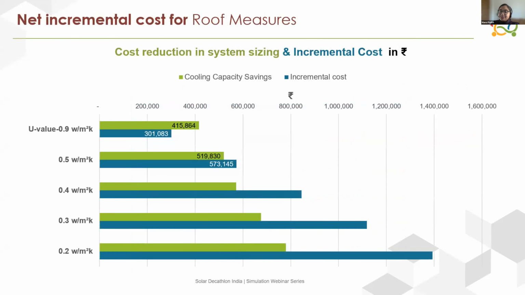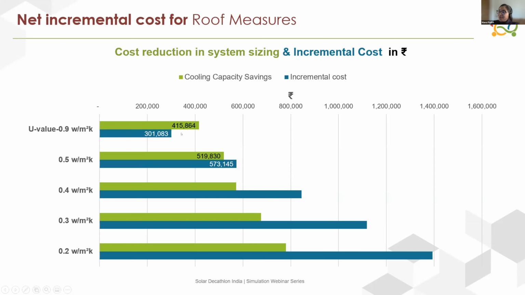This graph shows the net incremental cost of roof measures. The y-axis shows roof U values and the x-axis shows the cost. The bars in green show cooling capacity savings due to reduction in system sizing, and the bars in blue show the incremental cost.